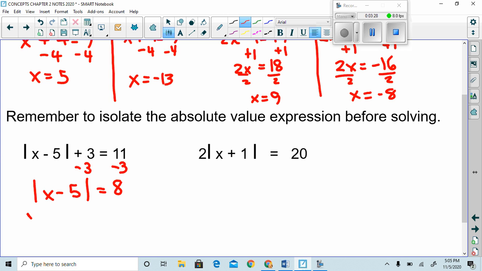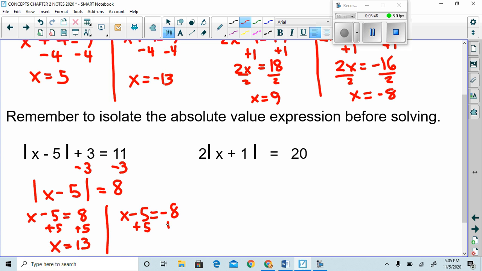Now I can go ahead and solve. Once it's isolated, then we're good to go. We go ahead and add 5 to both sides. x could be equal to 13. Add 5 on the other equation. x could also be equal to -3.